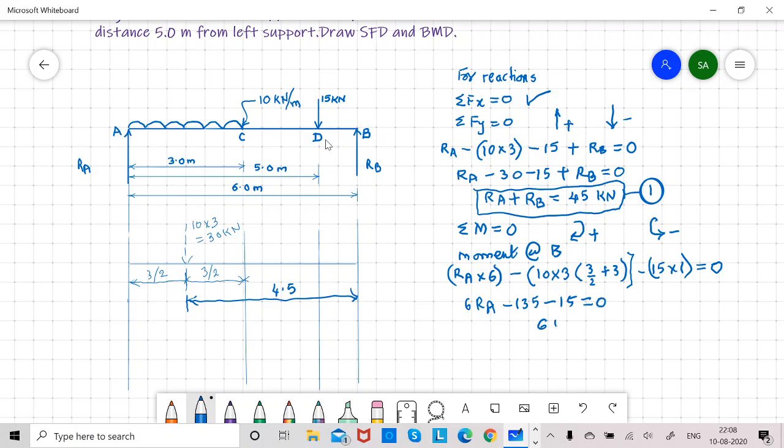So 6 RA is equal to 150. Therefore, RA equal to 150 divided by 6, that is equal to 25 kilonewton.